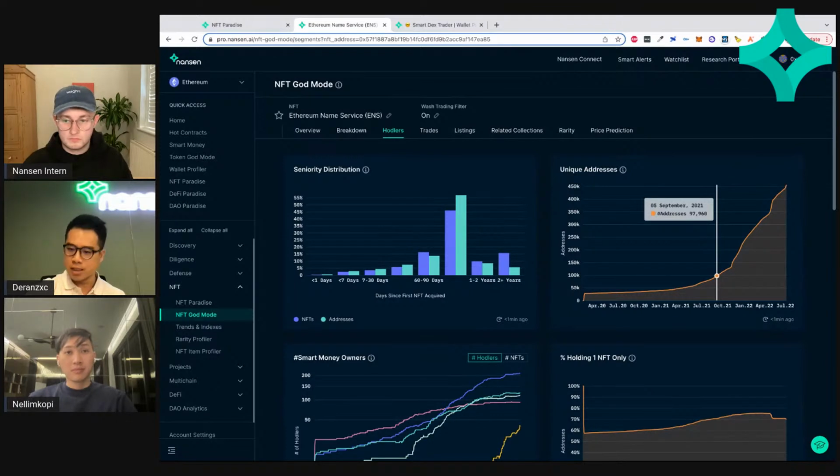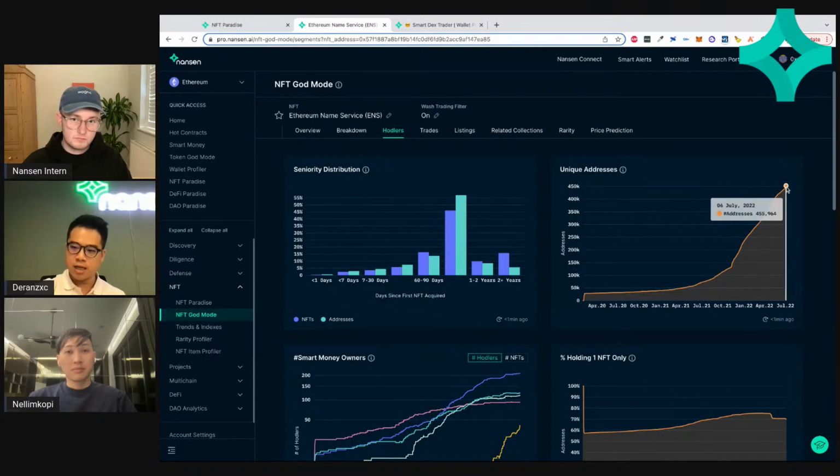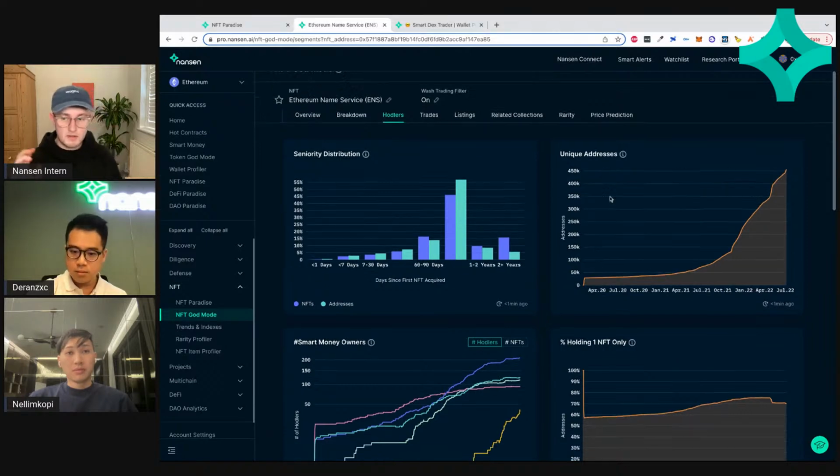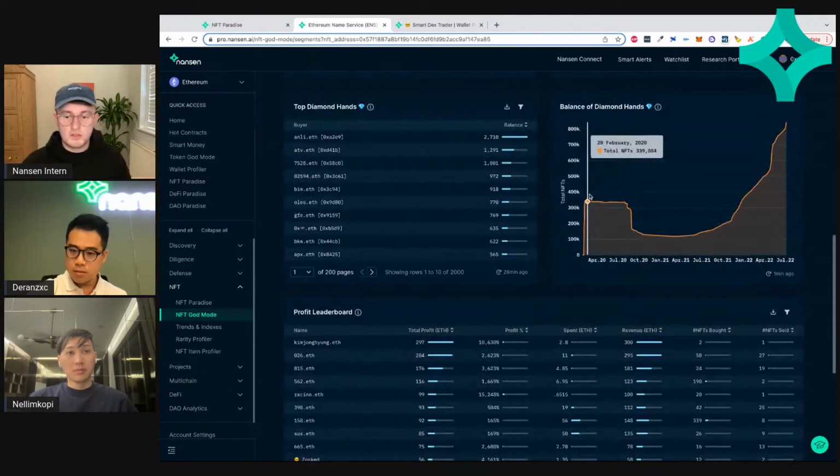Then I would minus like 20,000, so the actual population of ENSs would be 450 minus 20. That's one way I would approach it, if I'm interested in understanding the growth and population of ENSs across the chain.